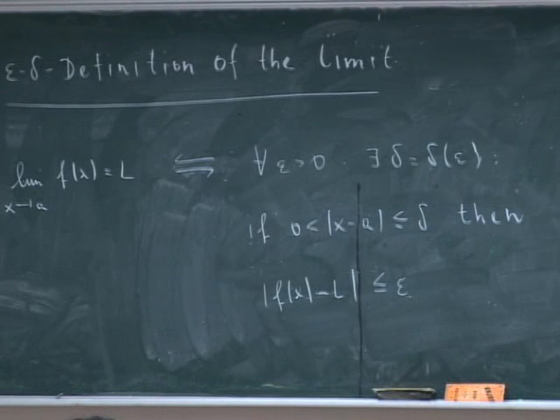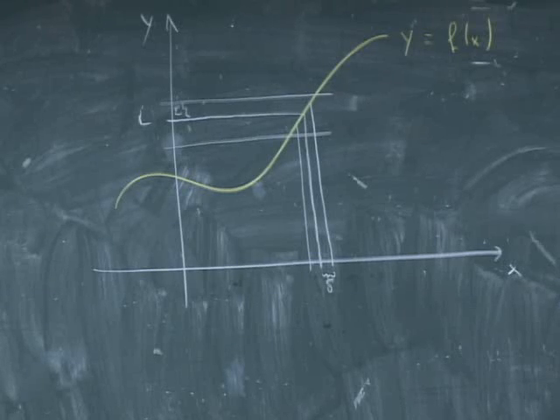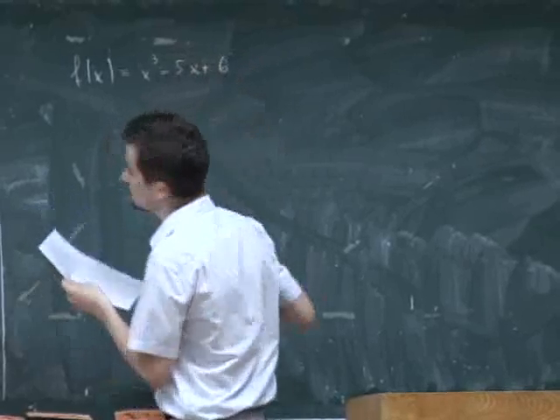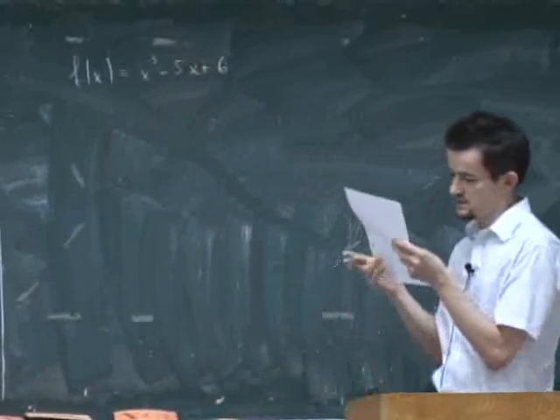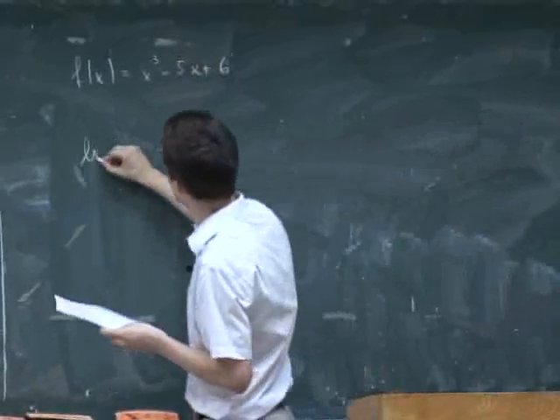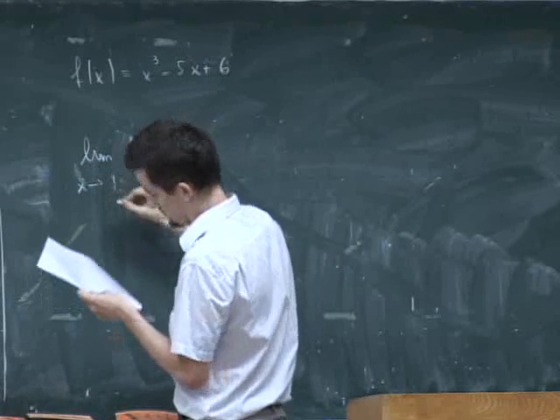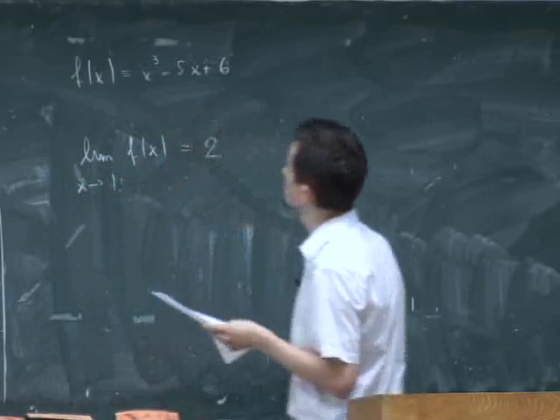Now, I just showed an example where it was easy to find the delta. But if I give you a more complicated function, this might not be that easy. You find in our textbook an example, this function: f of x is equal to x cubed minus 5x plus 6. And we are interested in the limit of f of x as x approaches 1, which is equal to 2.